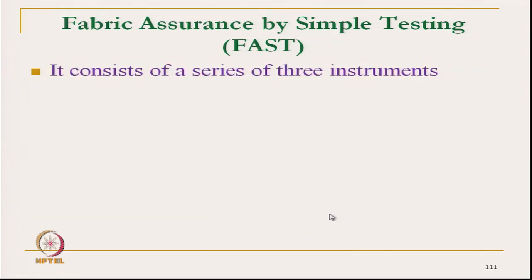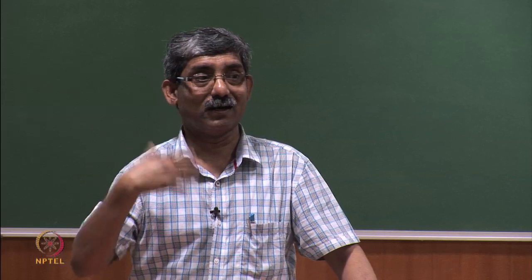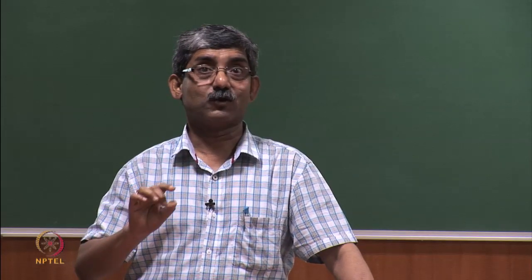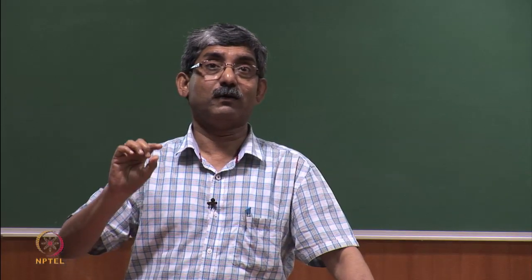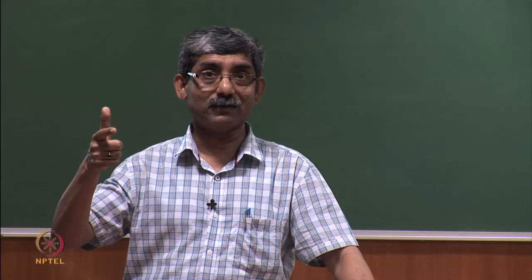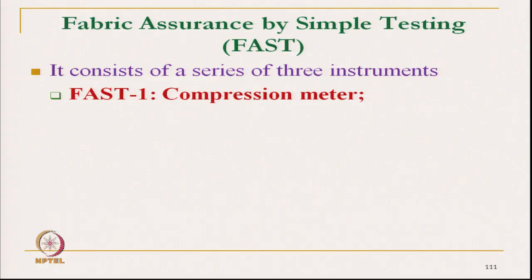So, it gives an indication of the fabric handle. The instruments are very simple, but the analysis of the data is very nice. With a very simple measurement we can get a wide range of information.